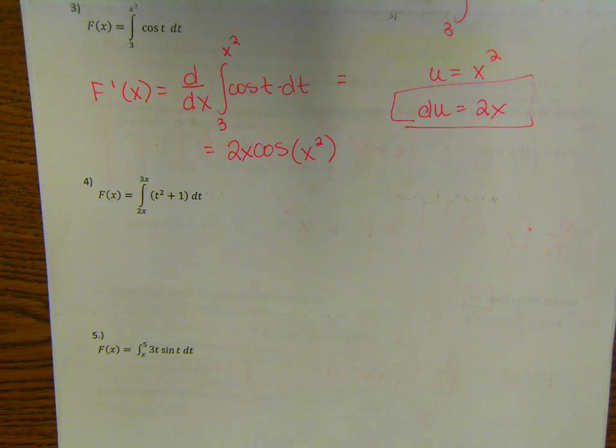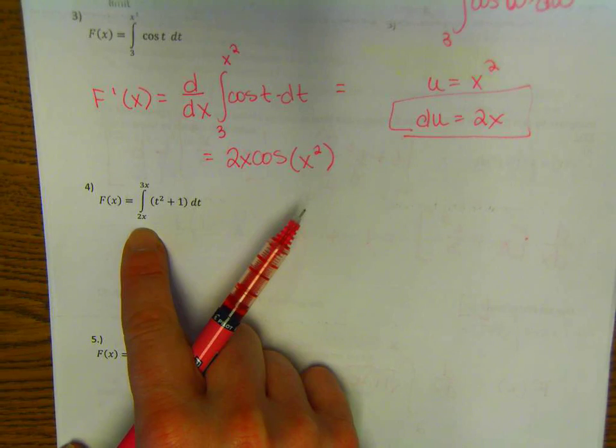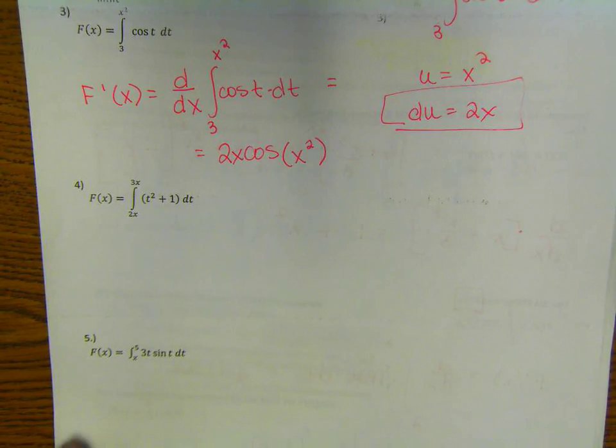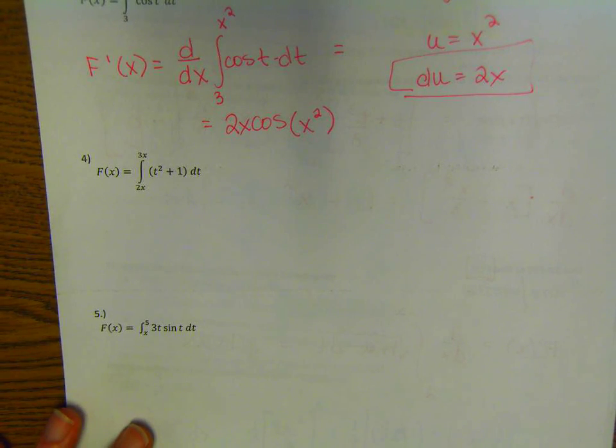Okay, what's the problem with this one? There, on the bottom, it's not a constant, right? So we're going to use some of the properties we learned before to write it as a constant.